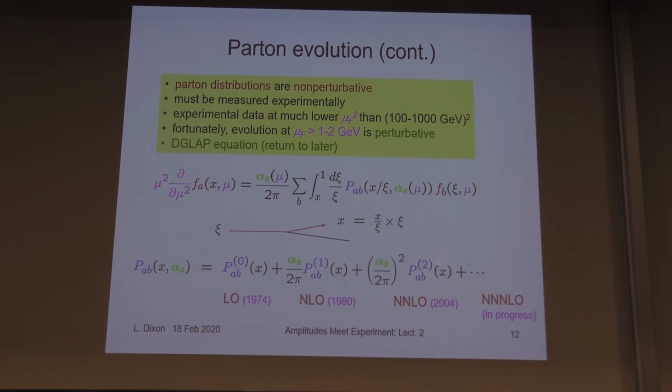And some of the same authors who worked on NLO have been involved with the N-cubed LO, for which there are partial results already available, but not complete yet. So this is the fundamental equation that is used to fit data that is interpreted in terms of parton distributions and move that data from one value of Q squared to another value. Q squared and mu squared here are more or less the same.